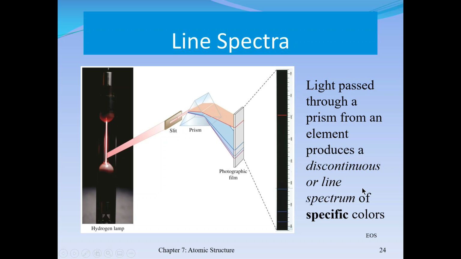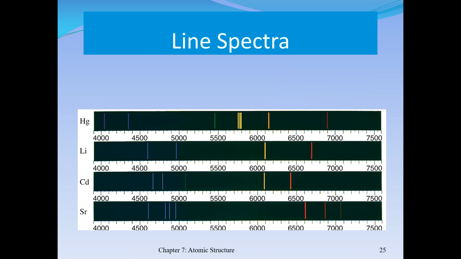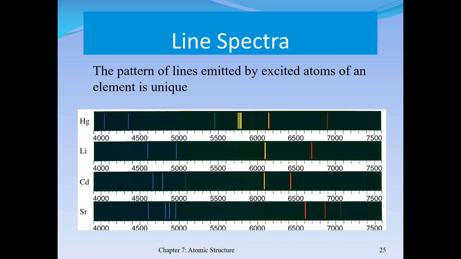Okay, so what does this tell us about the nature of the elements? Well, before we get to that, I just want to show you this here. This is basically showing you the line spectra of different elements. And we can actually use the line spectra to identify elements, because each element has their own unique line spectrum.